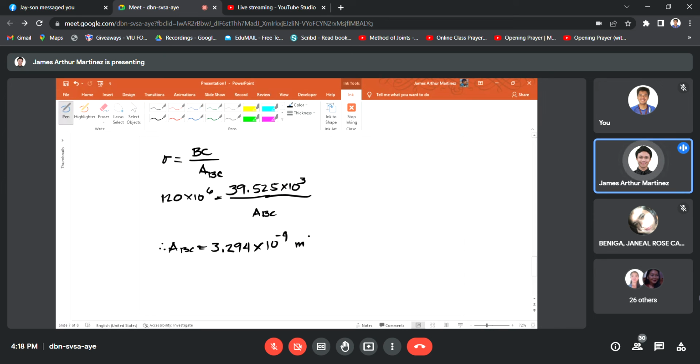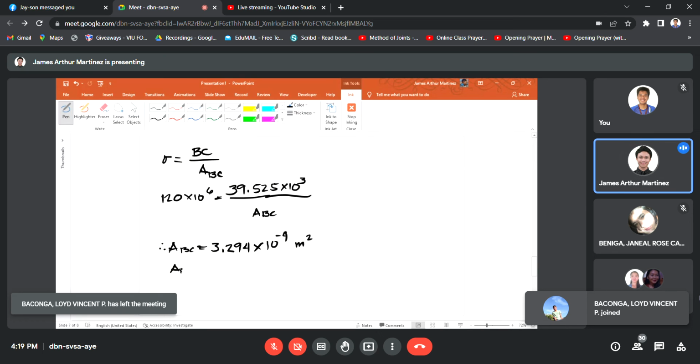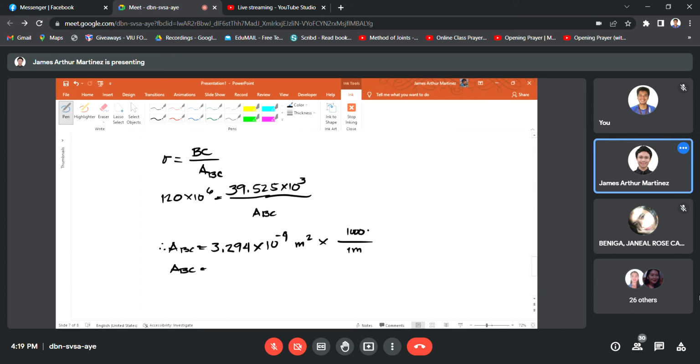Take note, this is in terms of meters squared, no? And ang ipangita is, di ba, in terms of millimeter squared. So, multiply lang siya by, so in 1 meter, you have 1,000 millimeters. Square na to siya. And that is 329.94375 millimeters squared.